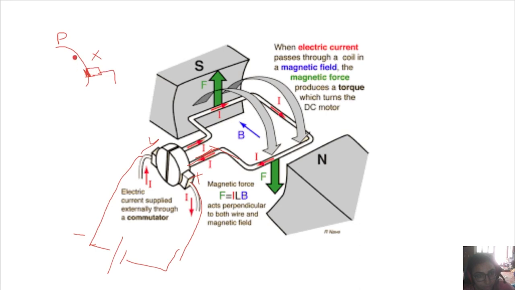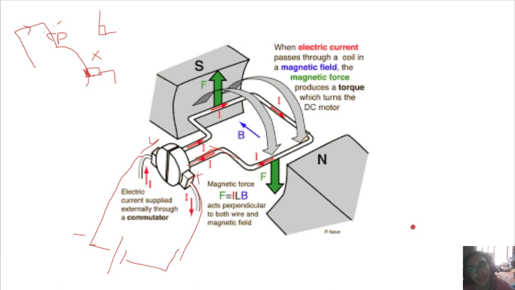And current flowing through the split ring means current is also flowing through the coil. As soon as current is flowing through the coil and there's a magnetic field, and both are at right angles to each other, you know that the maximum amount of force will be generated, which will lead to the displacement of the coil.